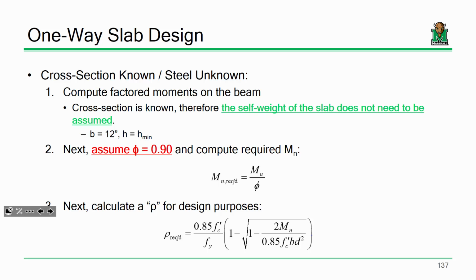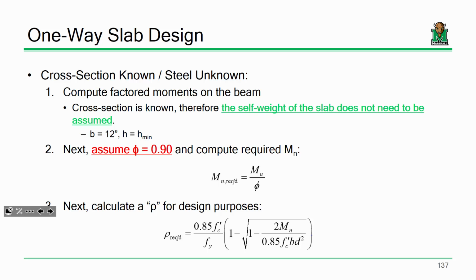So here's our design procedure, and it's very similar to known cross-section design. We compute factored moments. We know the cross-section because the width is 12 inches and the height is the minimum height. We assume phi is 0.9, compute the required nominal moment. We calculate a rho for design purposes. Again, we know what the slab looks like, so we do not use 0.18 fc prime over fy because that is when we're just shooting in the dark.